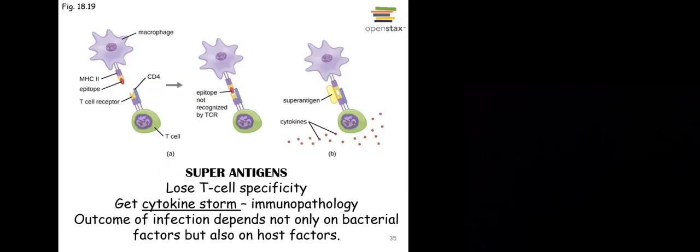Superantigens, reminding you, are not super like yay. Remember the T helper cells, they are our generals, they coordinate the immune response. Normally, we just want to call up the generals that are specific for the antigen, and we get a coordinated immune response. What happens with toxic shock syndrome toxin is it acts as a superantigen, and instead of a direct match of antigen and antigen receptor on the T helper cells, which is supposed to happen, any matchup will do.